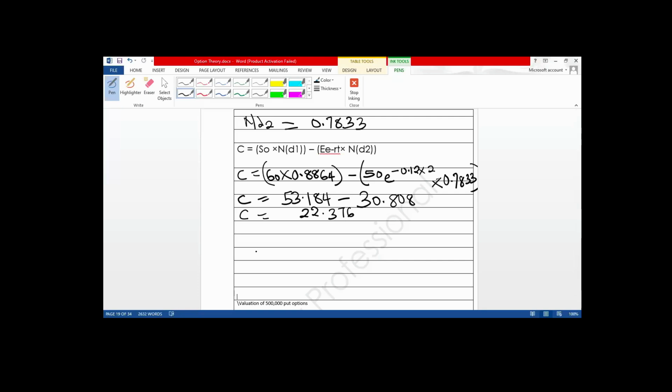You can now, using put call parity theory, using the put call parity formula, or theory.